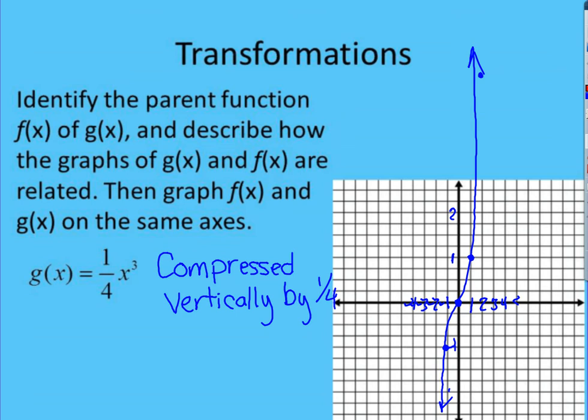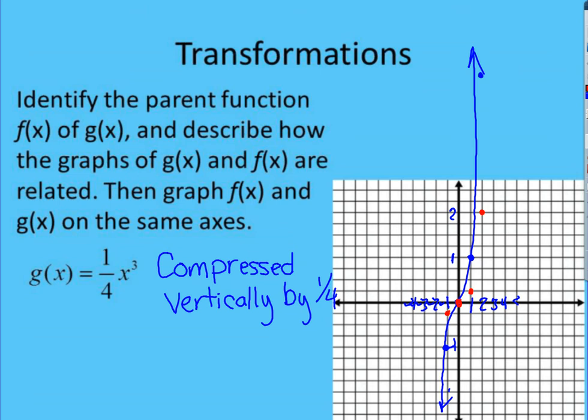So now if we graph our new function, we have 1 cubed, which is 1, and if we multiply that by 1/4, that'll take us down to 1/4. Negative 1 cubed is negative 1, times 1/4 is negative 1/4. 2 cubed is 8, and 8 times 1/4 will give us 2.